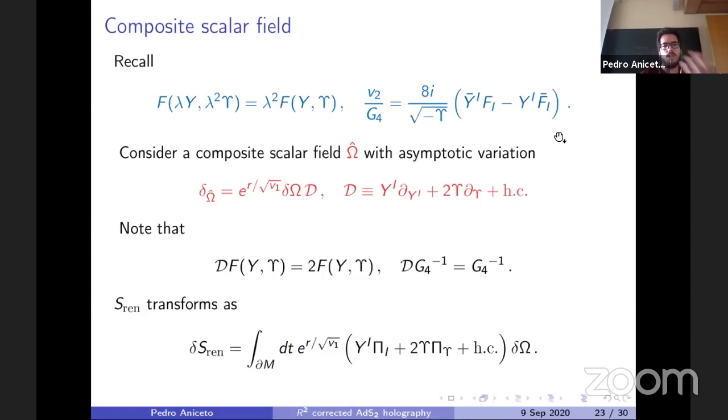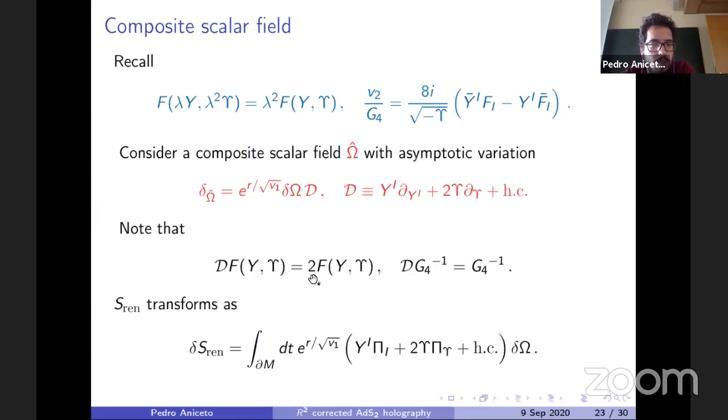Anyway, so we consider a composite scalar field whose asymptotic variation is written, once again, as sourcing an irrelevant operator, and its variation is given in terms of the following vector field that we build, so that it basically gives you the eigenvalue of the homogeneity of the functions you're considering.